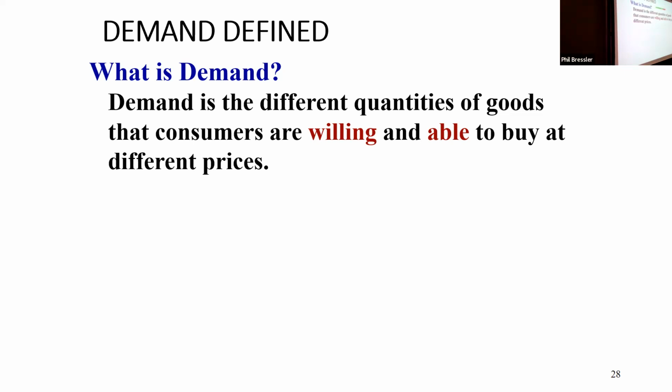Percentage change of quantity of A over percentage change of price of B. Right. Now we're going to plug in some formulas today because I throw some on the test. It's also important for cross price to know positive is a substitute, negative is a complement. Right?